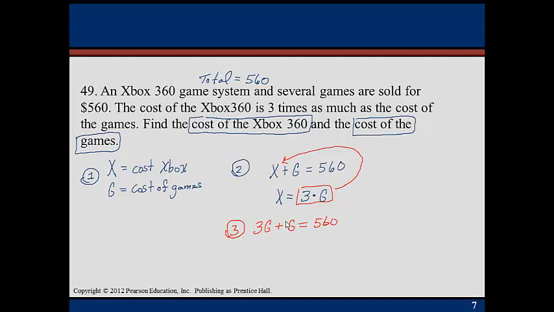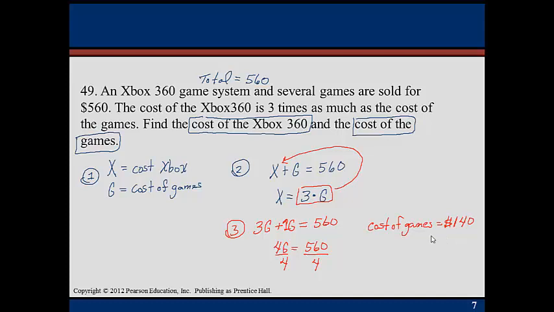We can combine our like terms. 3g plus 1g is 4g, and that's 560. And then we can solve for g by dividing by 4. And we get the cost of the games is equal to $140.